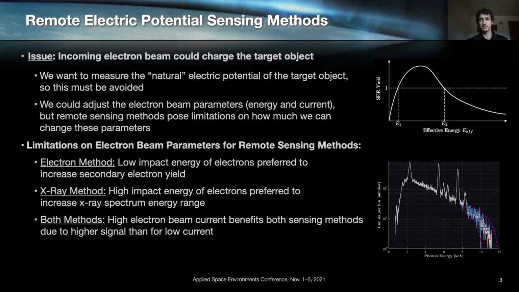For the X-ray method, on the other hand, we would like to have a higher beam energy because that way we have a wider energy range of our X-ray spectrum, and that makes it easier for us to estimate the electric potential. And both methods benefit from a high current because that higher beam current will give us a higher signal as well.